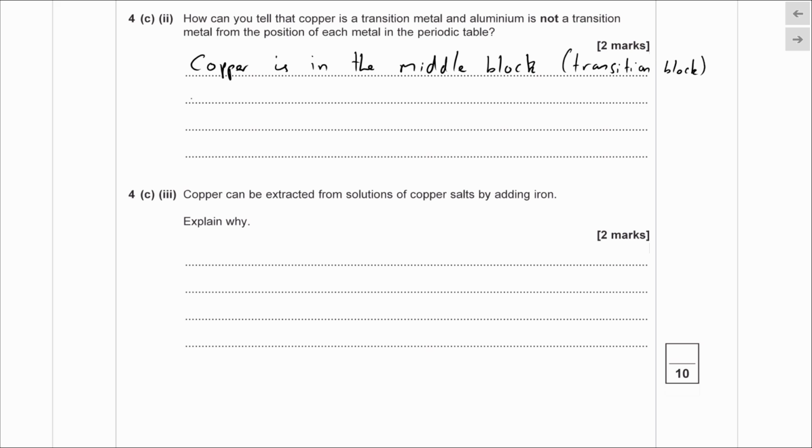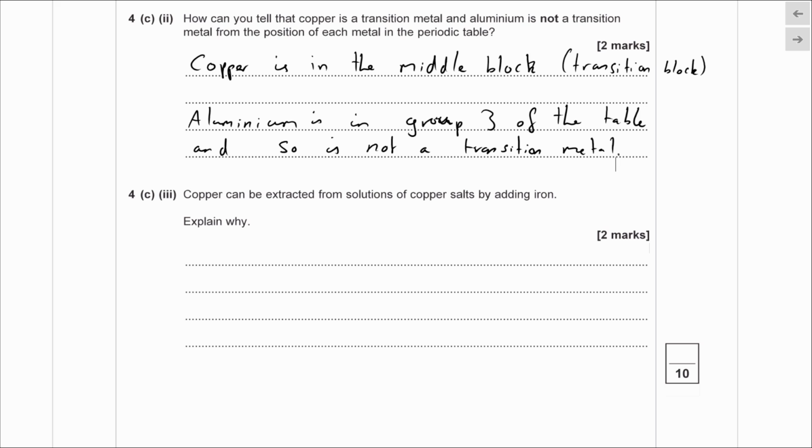Okay. Aluminium is in group, there we go, group 3 of the table, and so is not a transition metal.